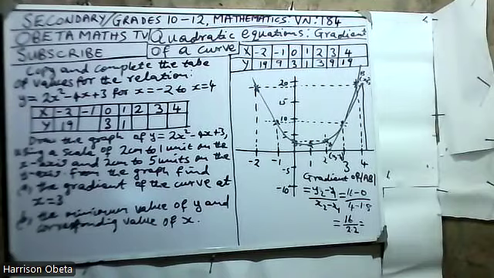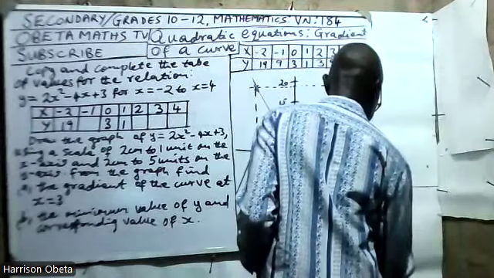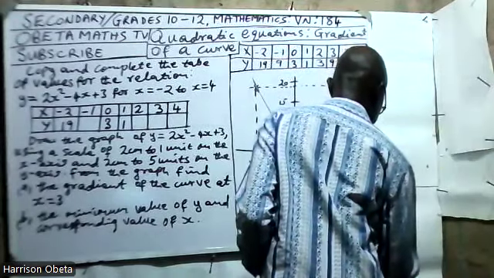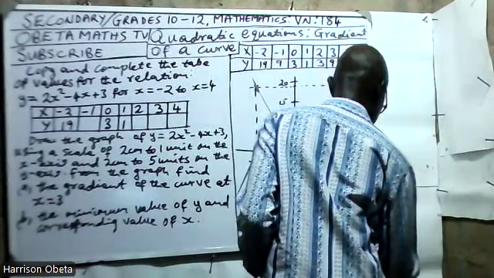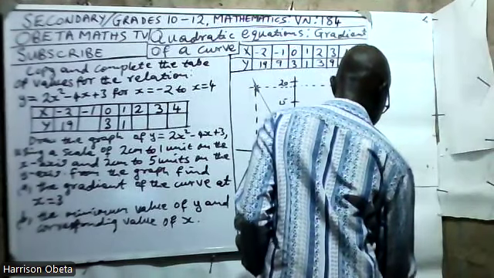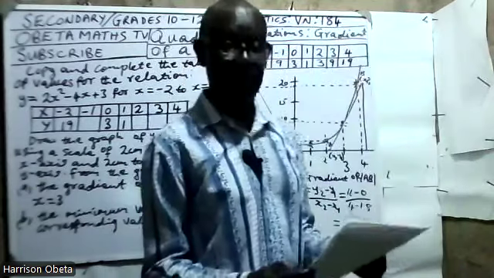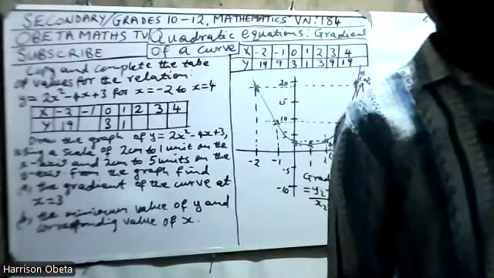I had 7.3. So the answer to that, the gradient, is 7.3.